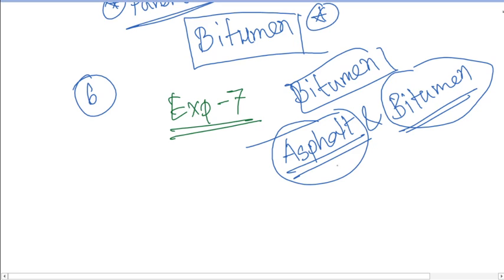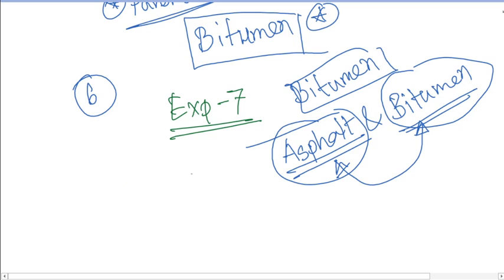Basically, asphalt and bitumen are the similar thing. What we call asphalt is bitumen from a common point of view, but from an engineering point of view, we can differentiate these two.